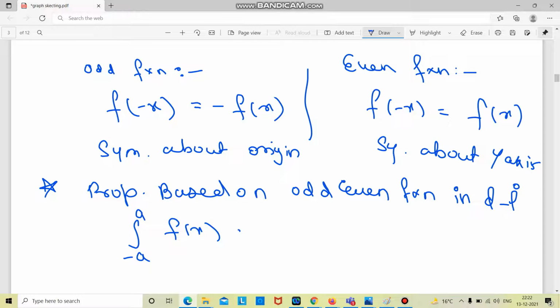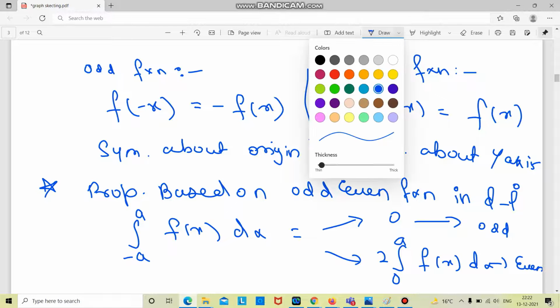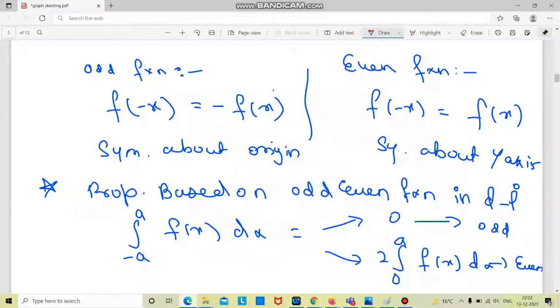Integral from minus a to a of f(x) dx is equal to firstly 0, secondly 2 times the integral from 0 to a of f(x) dx. This happens when it is an odd function and this when it is an even function. So based on this property, now we will discuss some questions which are important.